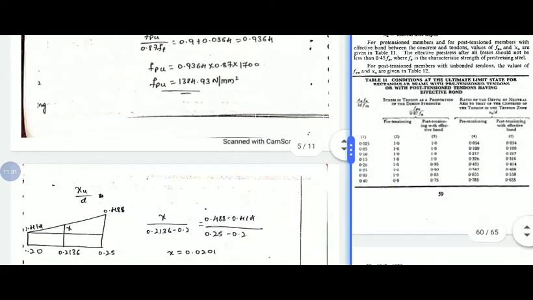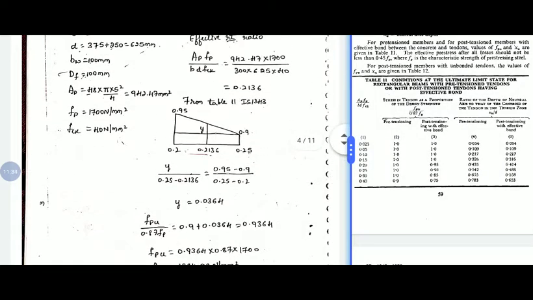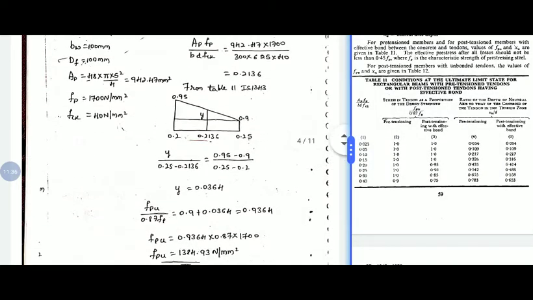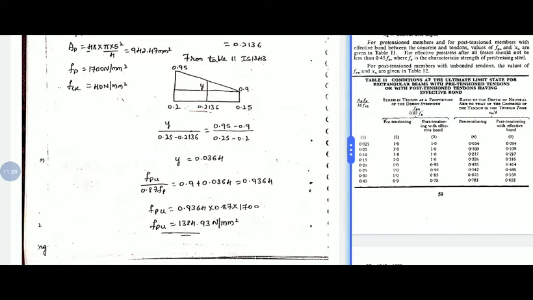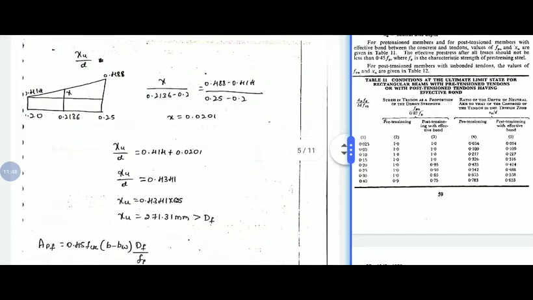So after considering these values, now interpolating for 0.2136, we will get the FPU by 0.87 FP ratio as 0.9364 and simplifying we will get FPU as 1384.93 Newton per mm square. Then again interpolating the XU by D ratio we will get 0.4341. The XU value will become 271.31 mm. The thickness of the flange is given as 100 mm, so XU is greater than DF. So the neutral axis lies in the web.